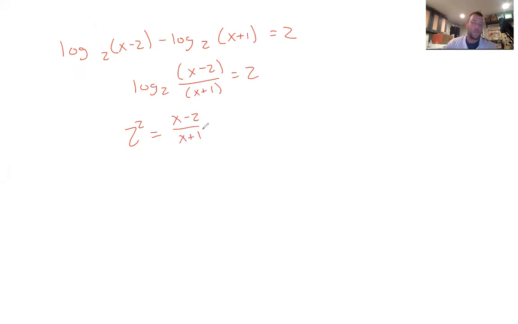At this point, I need to note that x cannot be negative 1. If I work this out, notice my restriction in domain. I'm just going to keep this in case I get an answer. Since x cannot equal negative 1, I can multiply this over. So it'd be 4 times x plus 1 is equal to x minus 2.